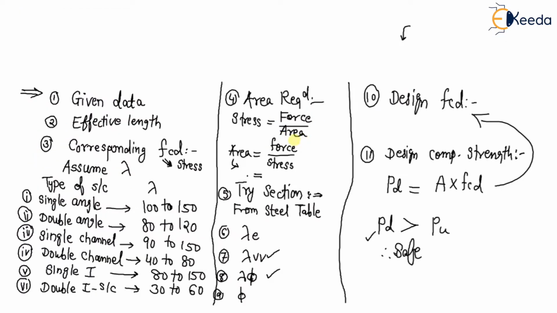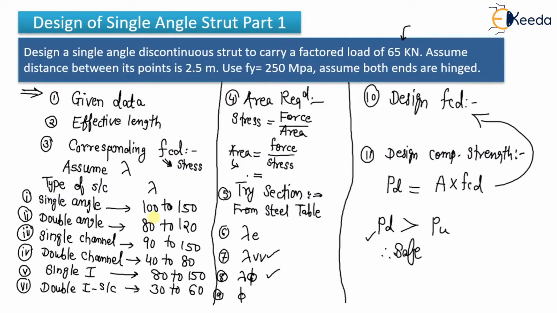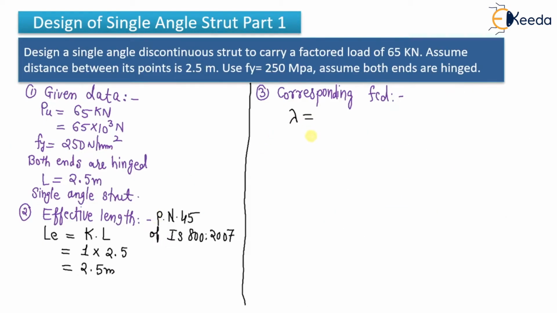So just go back to the previous step. See, I have given you this table. For single angle, what is the value of lambda? It should be in between 100 to 150. So in between 100 to 150, I can assume any value. Okay. So I'll assume the value of lambda as 120.